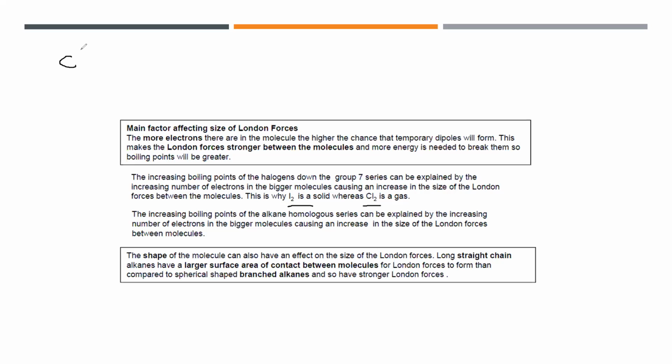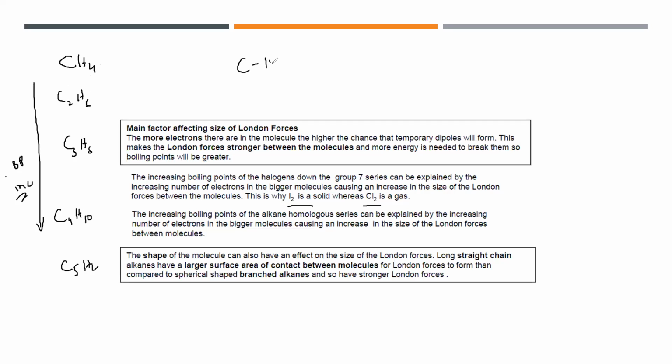For example, we have CH4, which is methane, the second member is ethane C2H6, the third member is C3H8, the fourth member is C4H10, the fifth member C5H12. As we go down this series, what do we observe? We observe the boiling point or melting point is increasing. What is the reason why? The same reason, because look, this is a methane molecule.